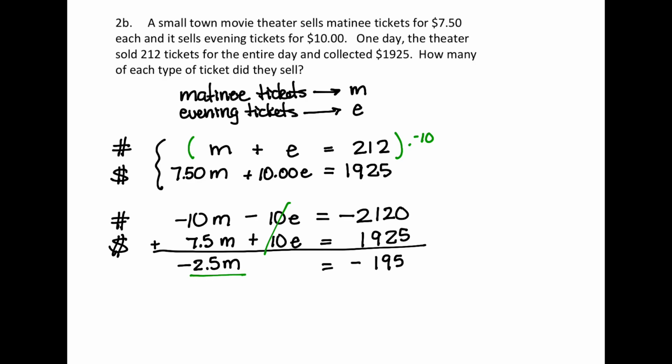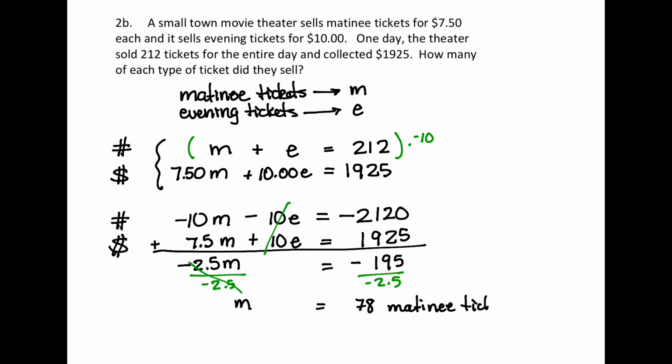Now we're going to divide by negative 2.5 on both sides. Coefficients cancel, and I get m equals 78. Okay, so what did I just find? M. What did M represent? Matinee tickets. Okay, so that's what I'm going to write.